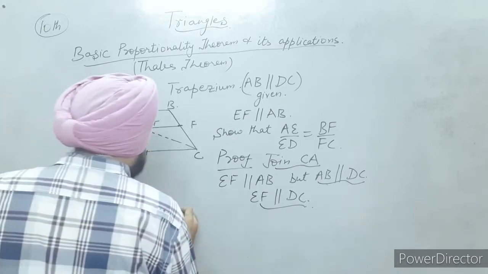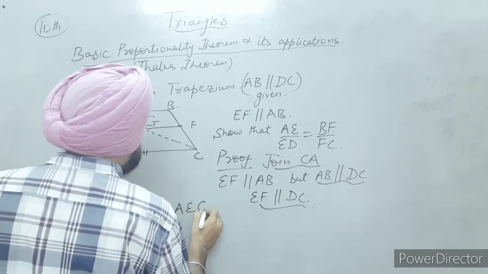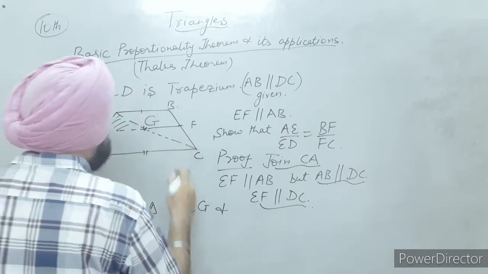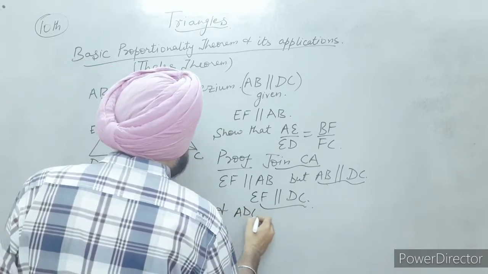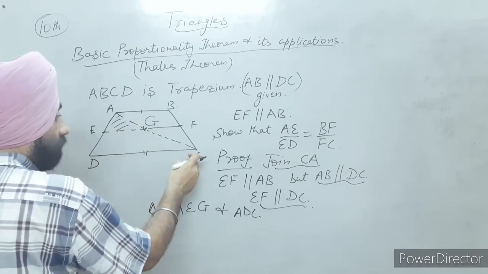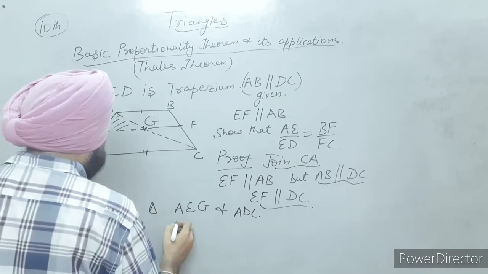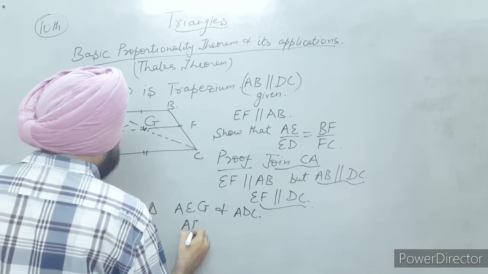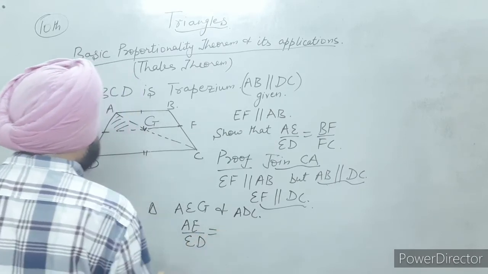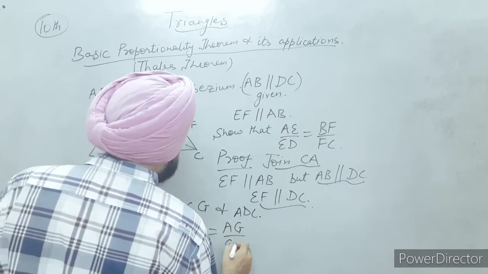Now take the triangles AEG, right, and ADC. EG is parallel to DC, right? So we can use basic proportionality theorem, that is AE upon ED is equal to AG upon GC.